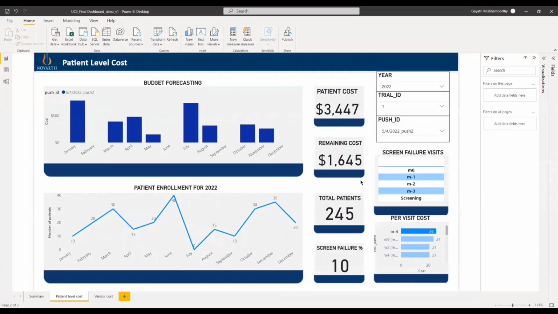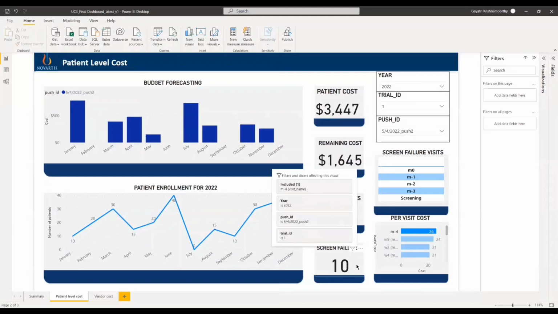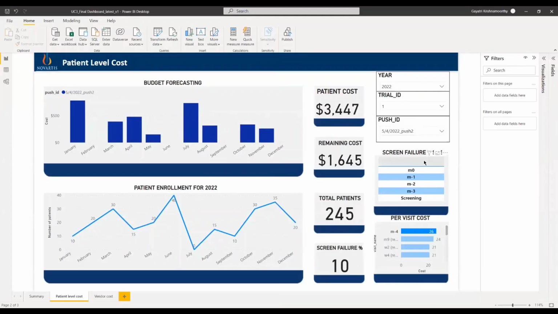Here we see that the total number of patients has been increased to 245, and the screen failure percentage is decreased to 10. And here are the new updated screen failure likely visits, and we have the recomputed budget here. So in this way, the project managers are able to look at different metrics across various pushes and also look at the recomputed budget. So this helps them to track the budget and the trial very efficiently.